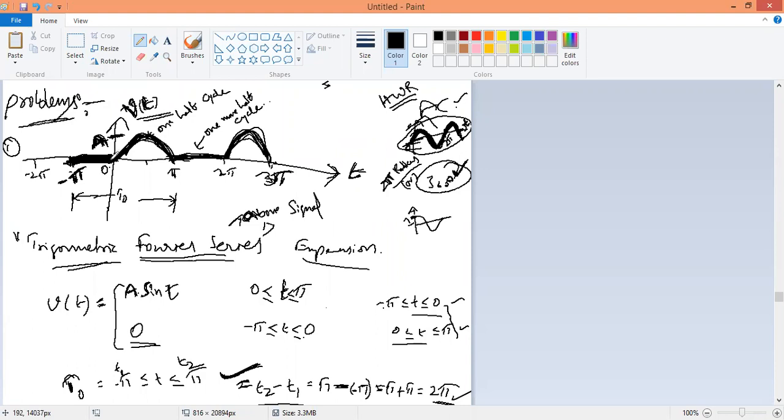What is the value in the minus pi to 0 duration?